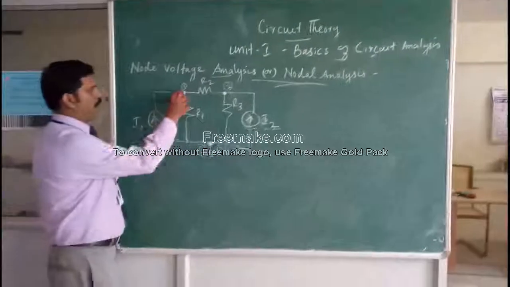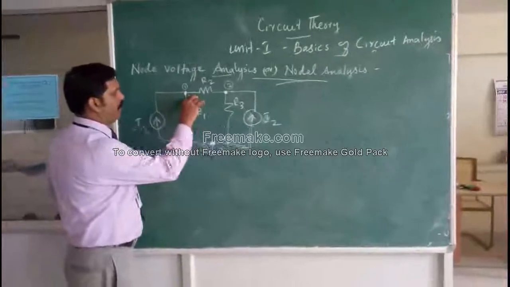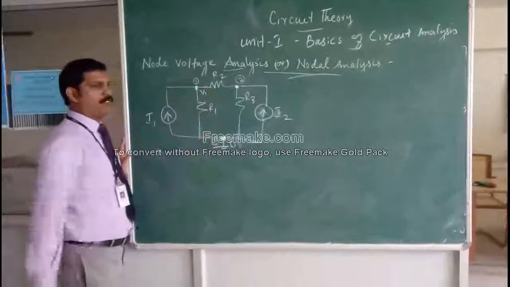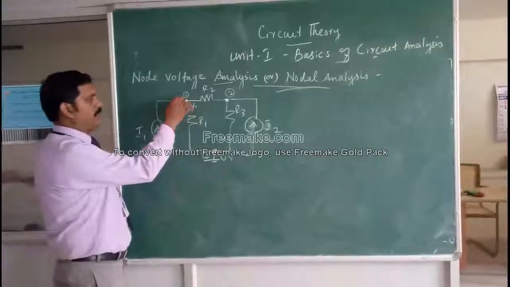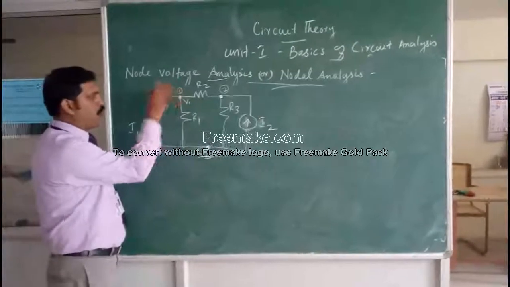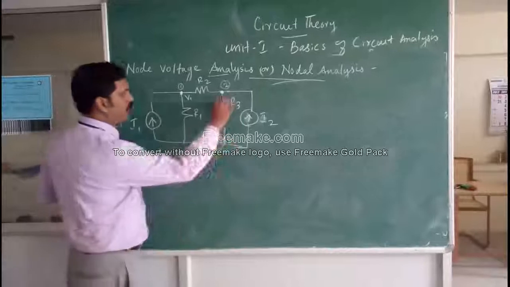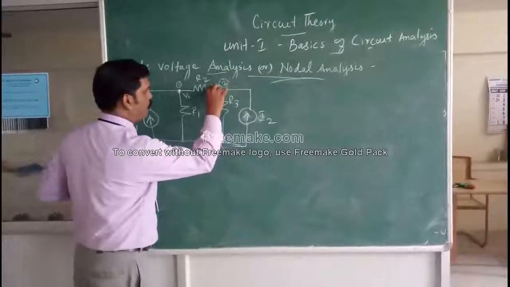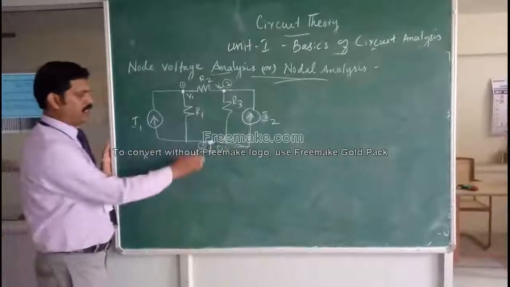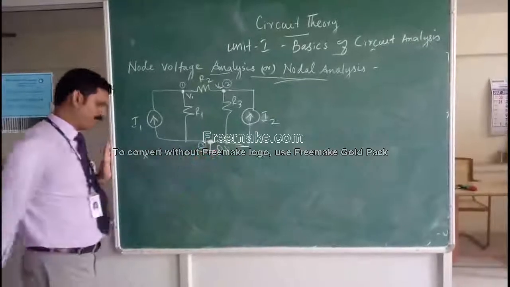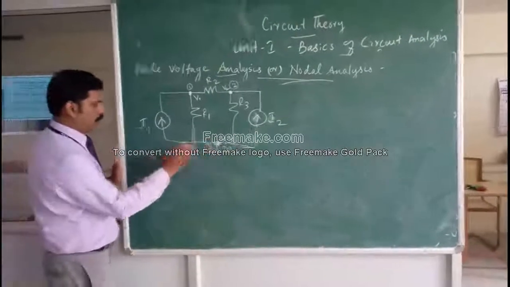For each node I can give a name and measure the voltage at each node. Let us name the voltages at the nodes: at node 1 the voltage is V1, at node 2 the node voltage is V2, and the reference node voltage is 0. So the reference node is marked.